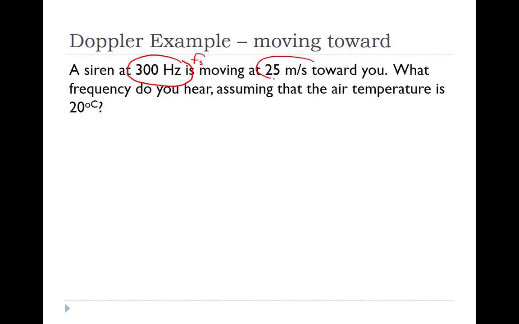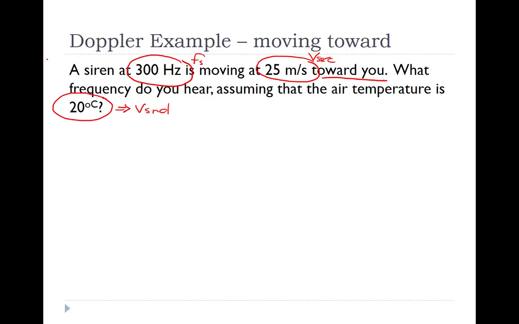I am told that the source is moving towards me, so this 25 meters per second is the speed of the source. Oh, that's SRC, not SCR. And it's moving toward me, so that's an important piece of information we need. The 20 degrees Celsius is a temperature, but remember, if we know the temperature, we can get the speed of sound.